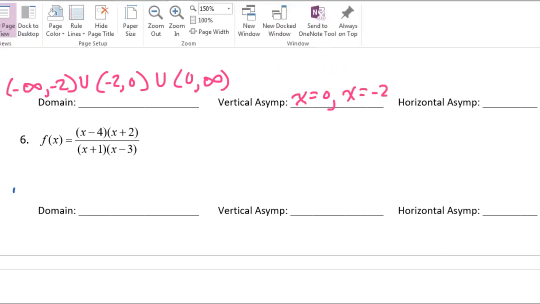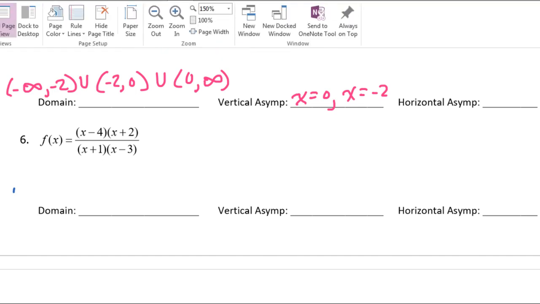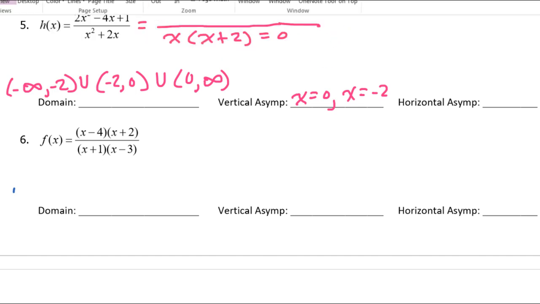Okay, for the horizontal asymptotes, we analyze the end behavior. So what happens to h of x as x gets bigger and bigger and bigger? Well, in the numerator, only the 2x squared is going to matter because the smaller degree terms will become insignificant.